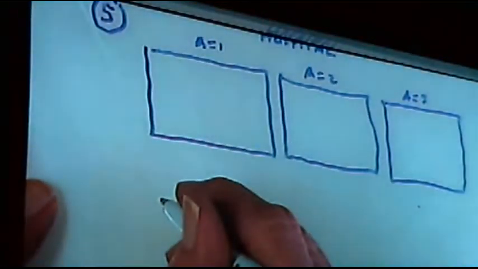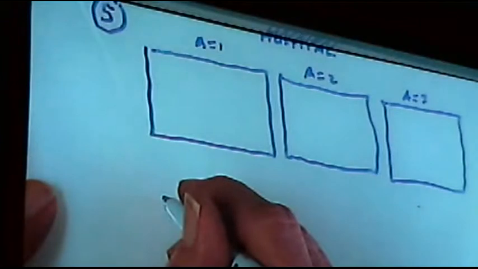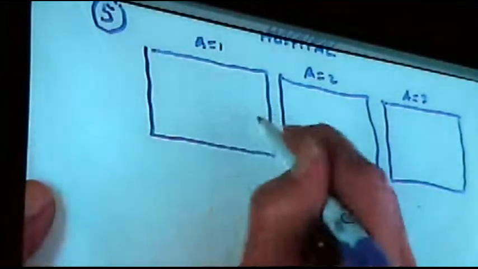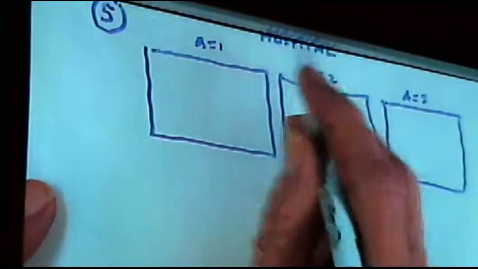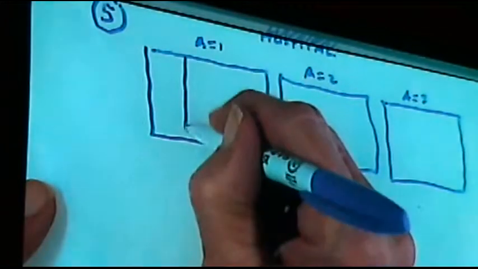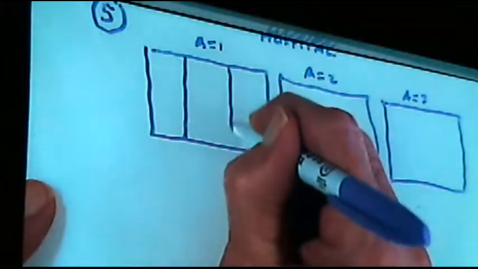Well, let's see. I want 4 subplots in these main plots. So I guess I could do it in several ways. Let's just do it this way.